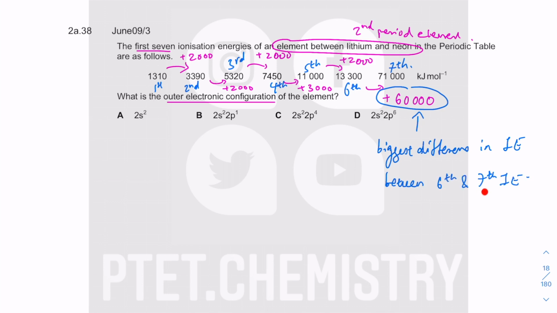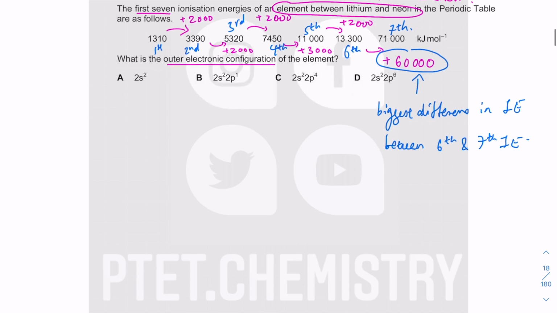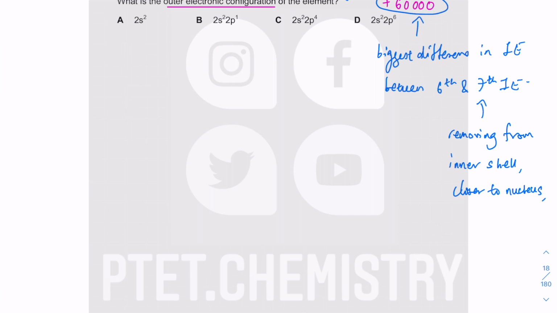So the 7th one is the sudden increase because we are removing from the inner shell. And your inner shell must be closer to the nucleus. When you are in the inner shell, you are less shielded.